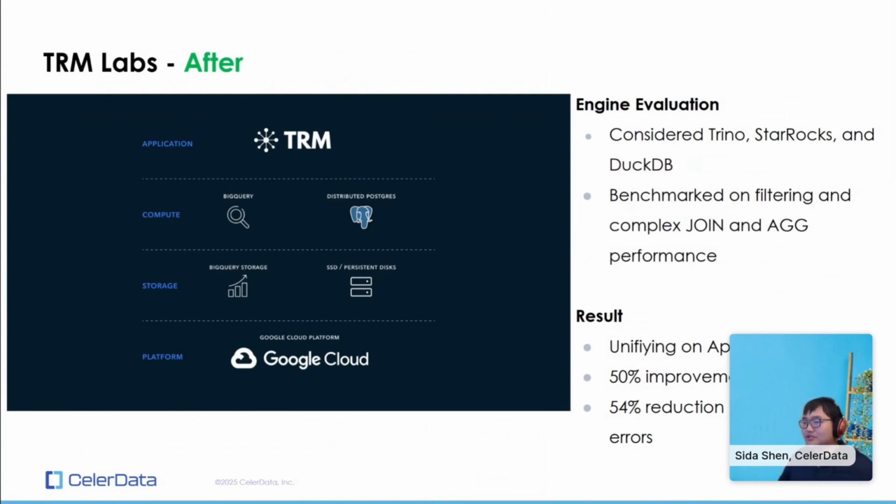They ended up going with StarRocks, swapping out the compute layer and using Apache Iceberg for the storage layer. They saw a 50% improvement in their P95 performance and a 54% reduction in query timeout errors.